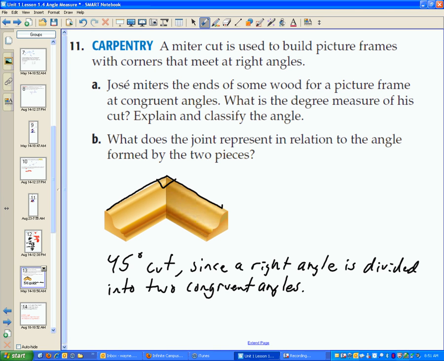Then B says, what does the joint represent in relation to the angle formed by the two pieces? Here's the joint. What's that? That's the angle bisection.